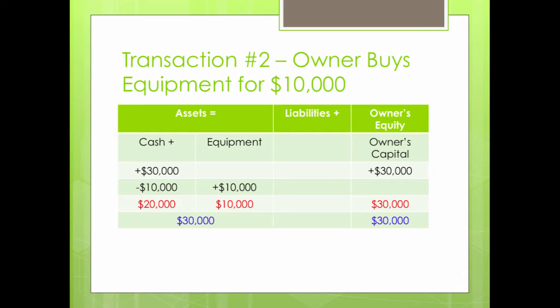It's not investing, it's making a payment. And it's using the cash account to make that payment. So the account will have to be decreased. So therefore, we are going to record this as minus 10,000 in the cash account. And remember that in your homework assignment, you do have to log it in as minus.